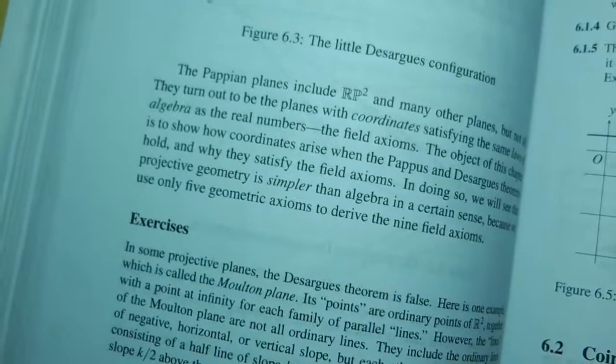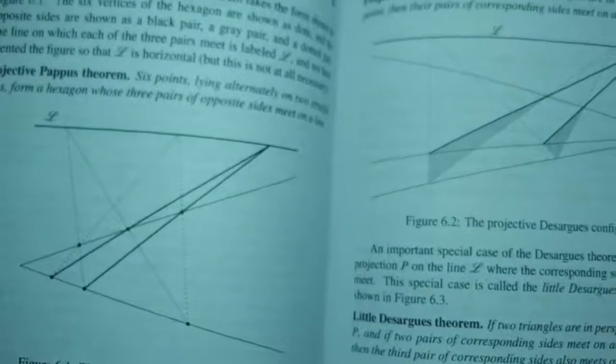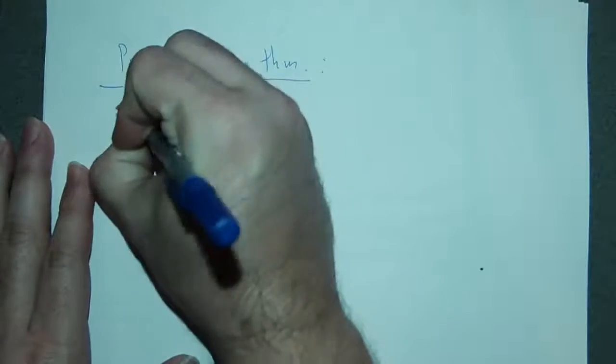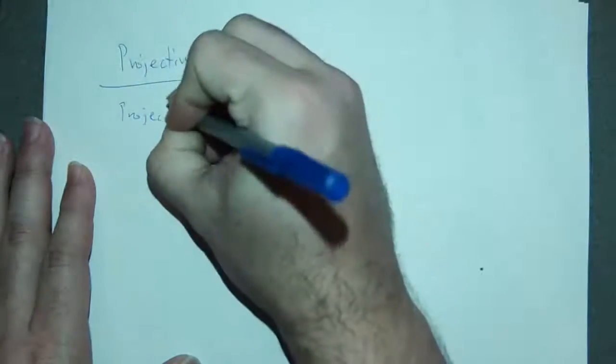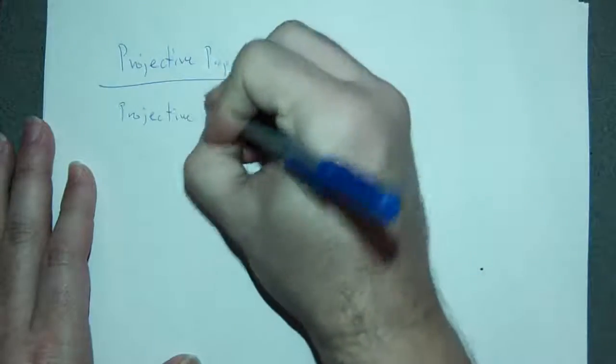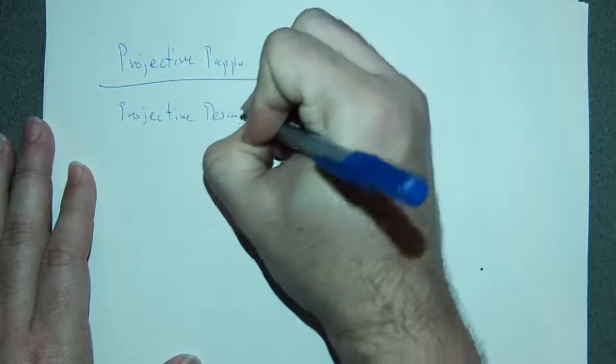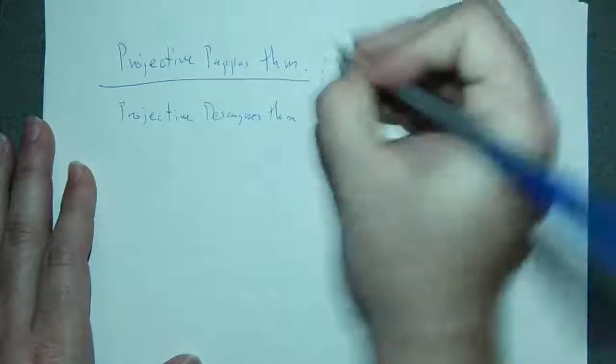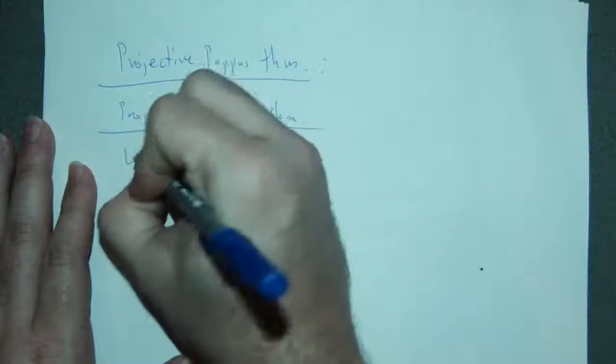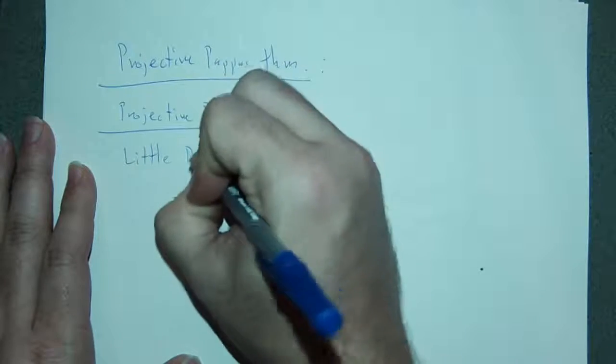All right, and so we have a thing to say now. So we take the projective Pappus theorem and the projective Desargues theorem. Little Desargues is a consequence of Desargues, so projective Desargues theorem, and little Desargues.